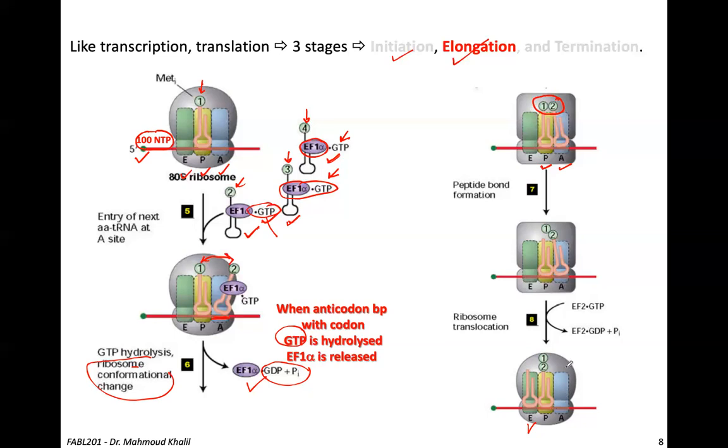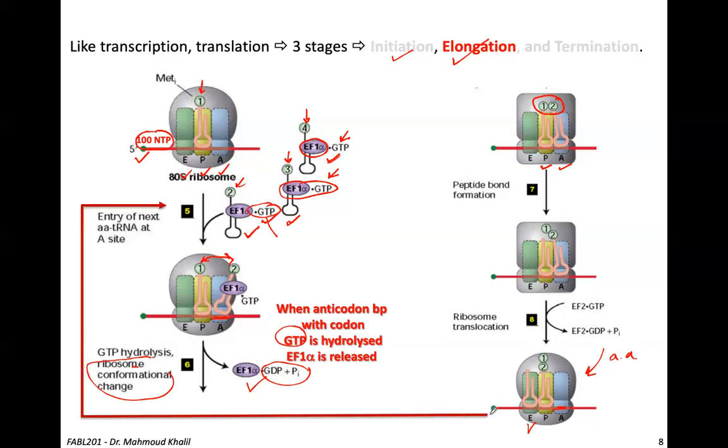This frees the A site for incoming new amino acids based on the codon of the messenger RNA. This process, of course, is repeated, because successively you need to add amino acids based on the codon.